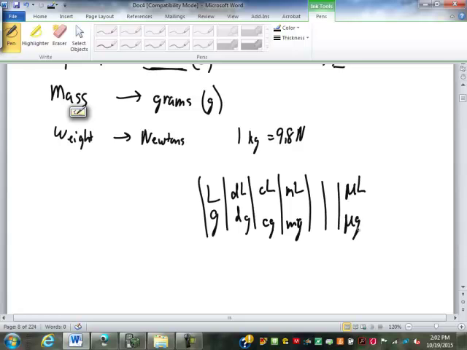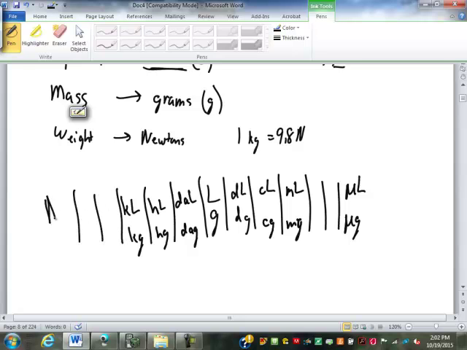Microliters and micrograms, which is a millionth. Going the other direction, we have decaliters or decagrams, which is 10. Hectoliters and hectograms, which is 100. Kiloliters and kilograms, which is 1,000. And then we skip up to mega, which is a million. So megaliters, megagrams.